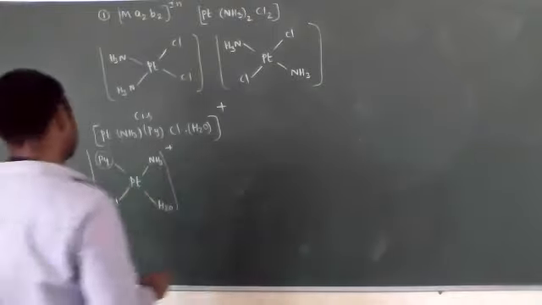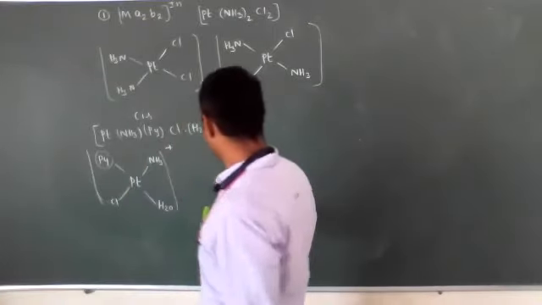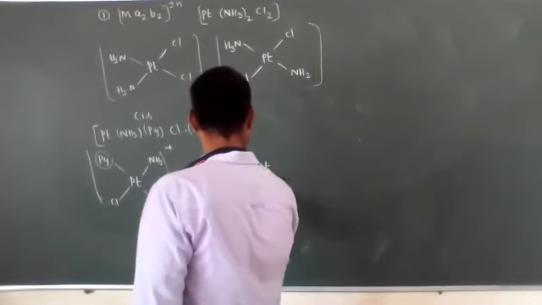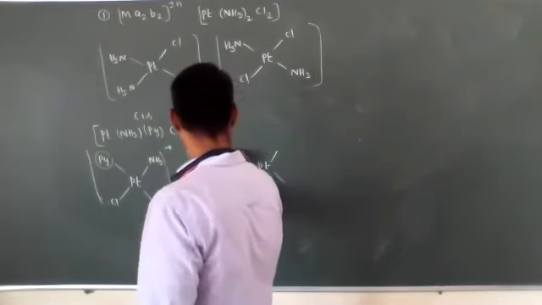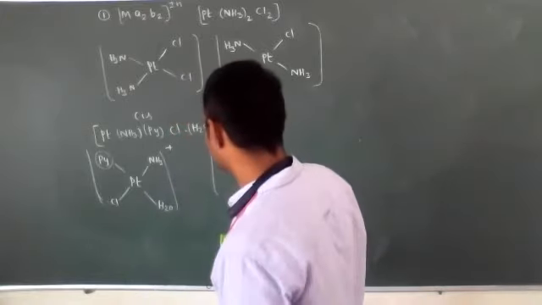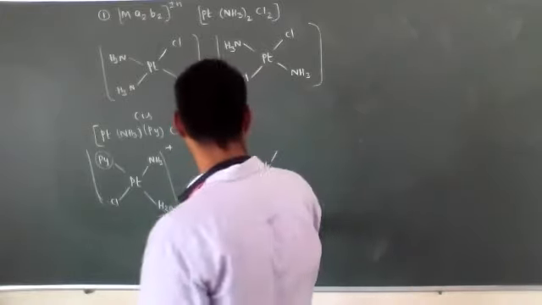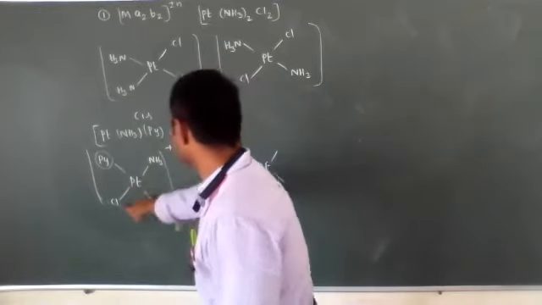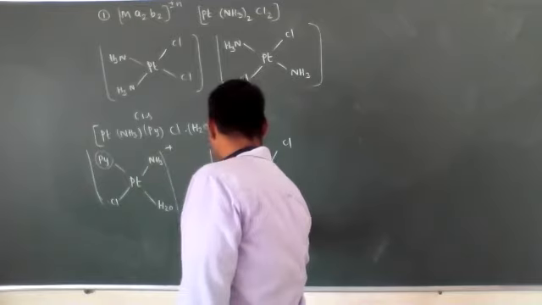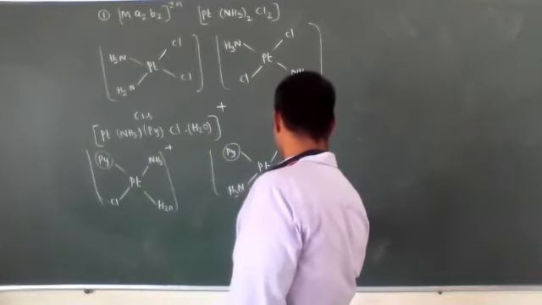Now you have to exchange, then you will get different structures. Pyridine position you don't change. Next you have to exchange this chlorine, ammonia and water molecule.